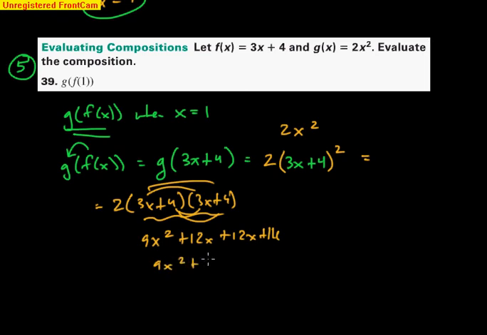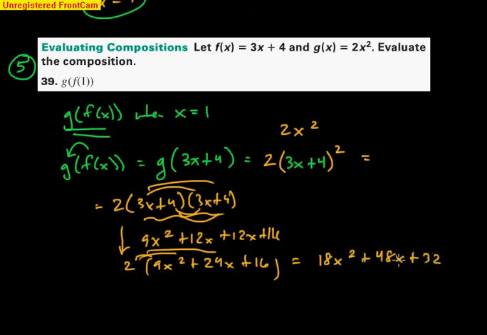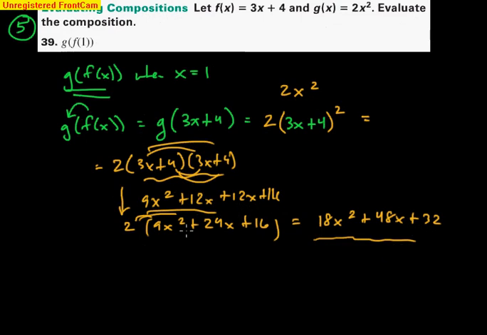This is 9x squared plus 24x plus 16. So that's the binomial squared. But there's still this 2. You have to multiply everything by the 2 to make 18x squared plus 48x plus 32. And this is what that g of f of x comes out to be. 18x squared, moving up, plus 48x plus 32.